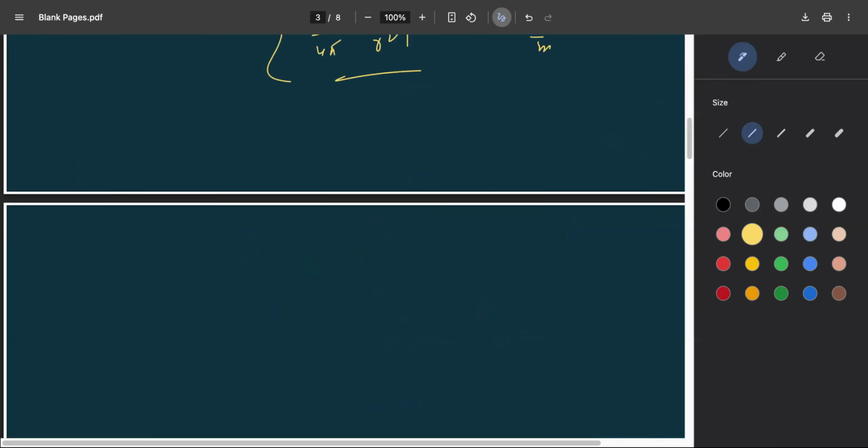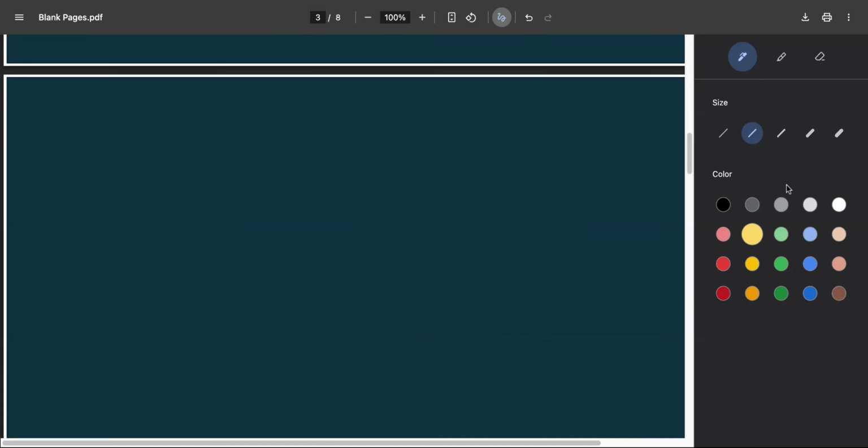Okay, so let's do one more thing. Assume, Kirtana, you have a single loop. This kind of loop you had.